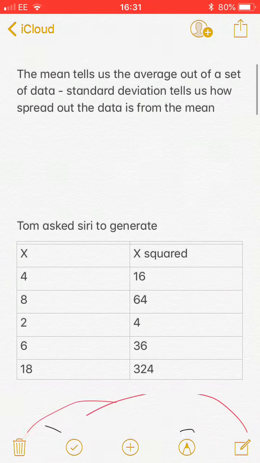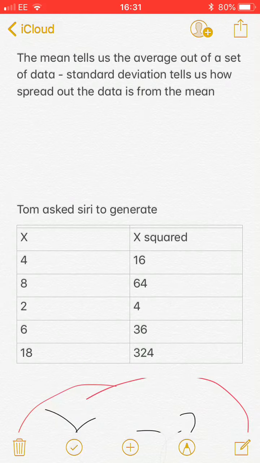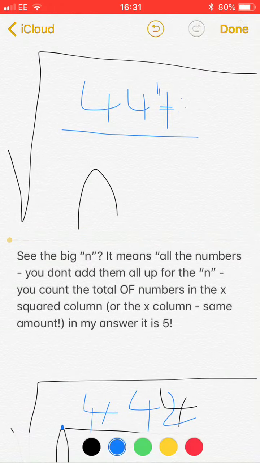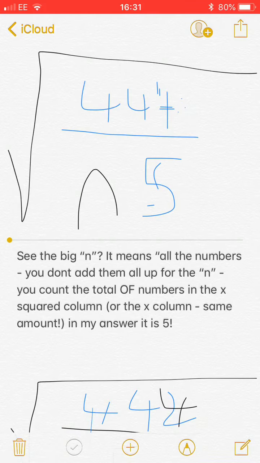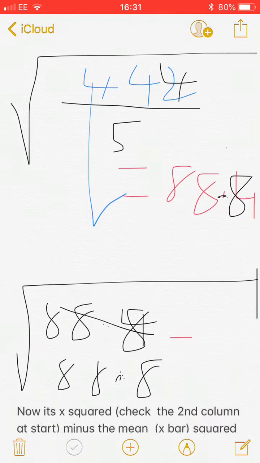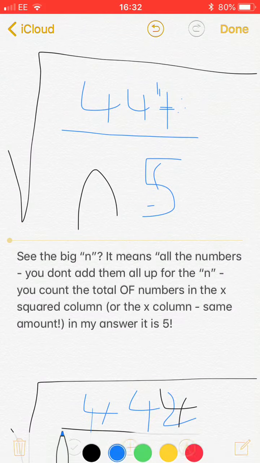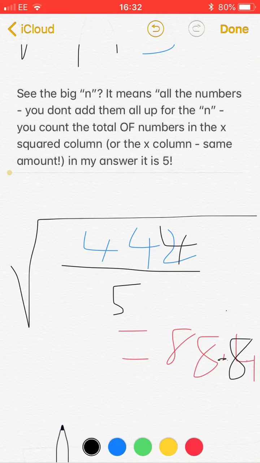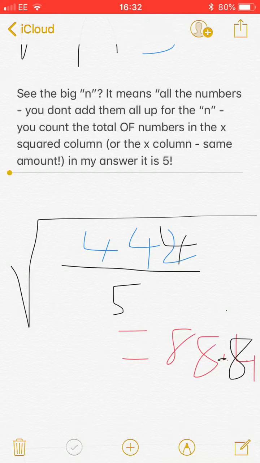In this case, there's 5 on each side. So 444 divided by 5 is 88.8.